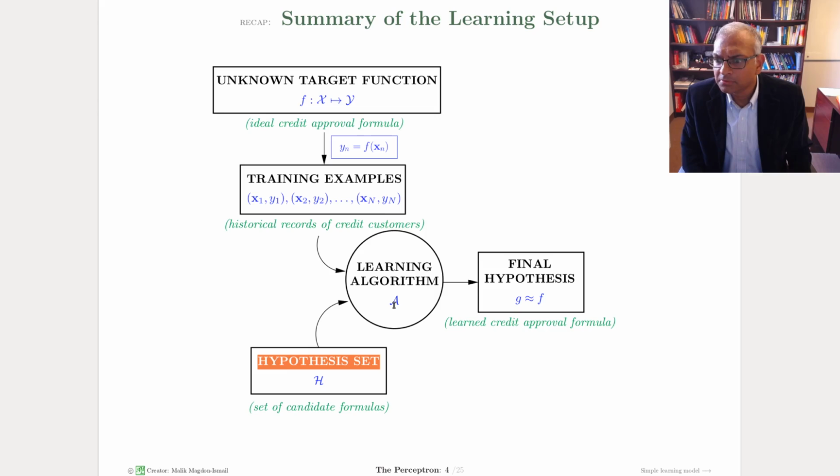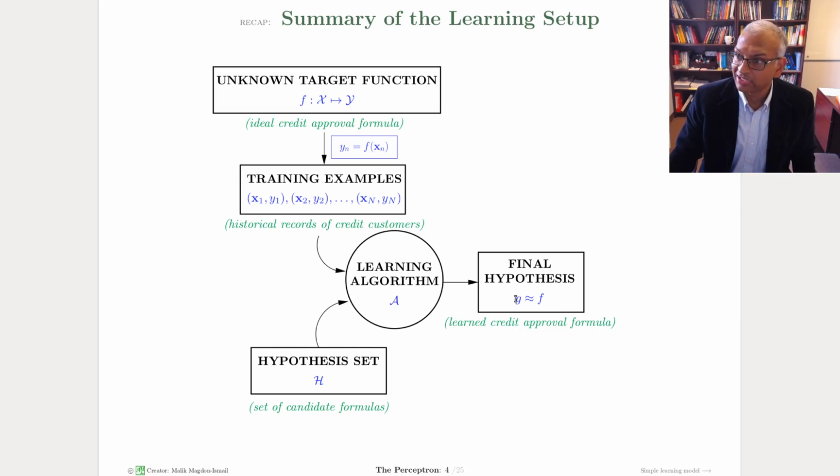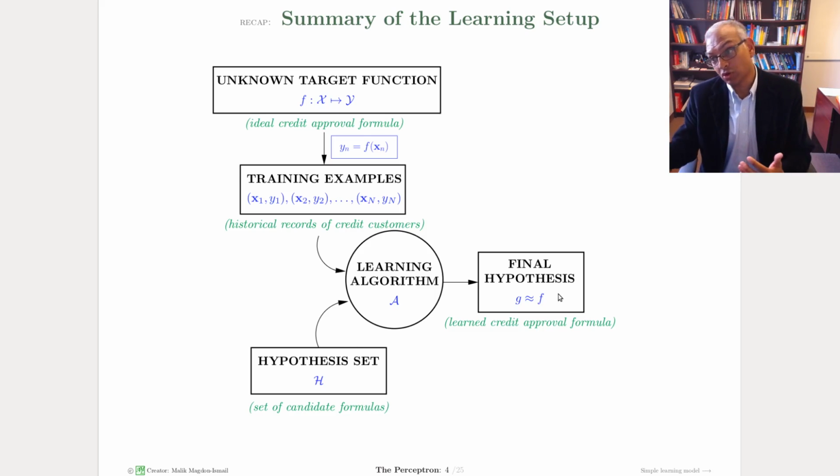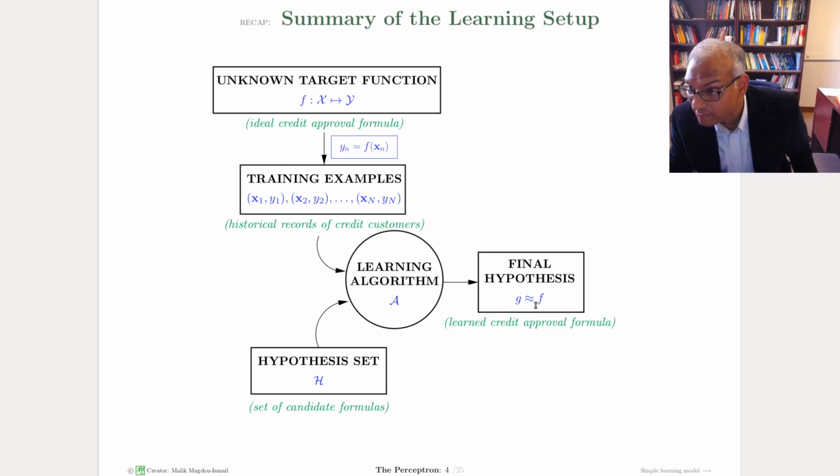You need both of those for the learning model to be applicable to a data set. But whether the learning model is going to perform learning will come later, when you test the final hypothesis and see whether it approximates F. And we have to talk about how you do that when you don't have access to F.